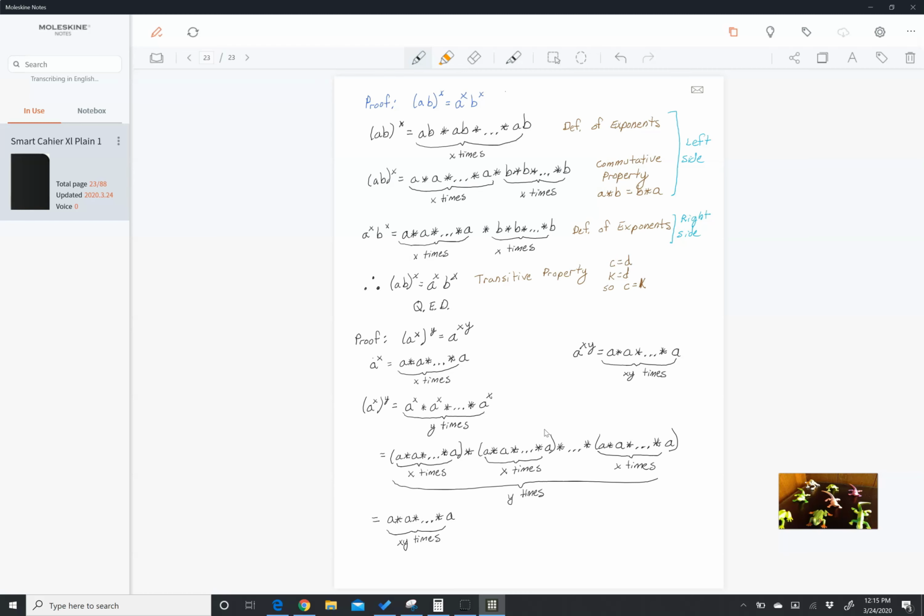So now we have the left side equal to the right side. So we could put in our therefore statement. So therefore, a to the x to the y is a to the x y. And we just write in our QED. Okay.